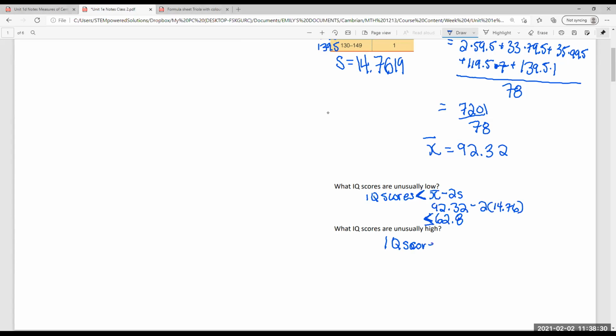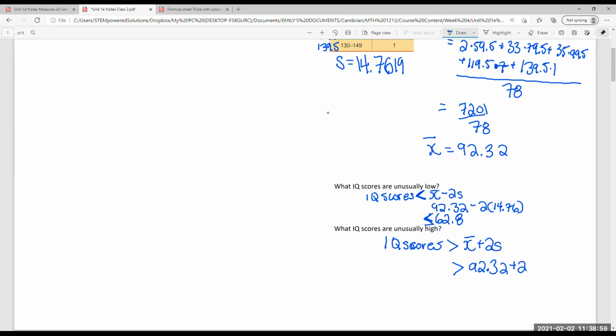IQ scores that are unusually high are greater than x bar plus 2s. So the average is 92.3 plus 2 times s. So we figured out what s is.